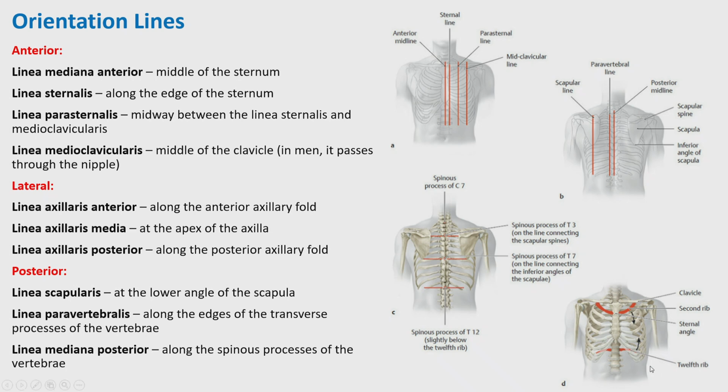And this level is approximately at the level of T4, which is a very important landmark for example for the bifurcation of the trachea, where the arch of aorta is passing, where the superior mediastinum and inferior mediastinum are dividing, where the superior vena cava is forming, and where the arch of azygos is opening into the superior vena cava, and so on.